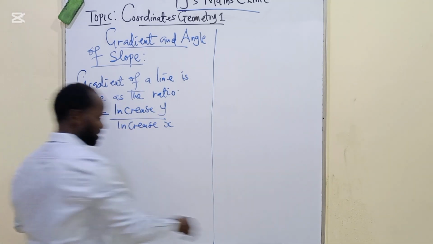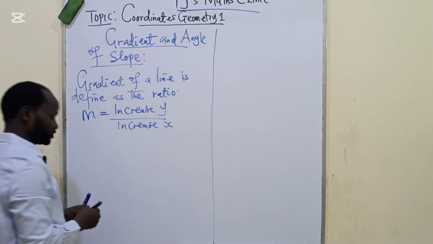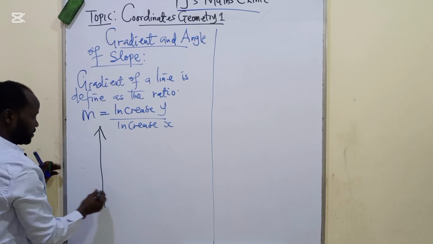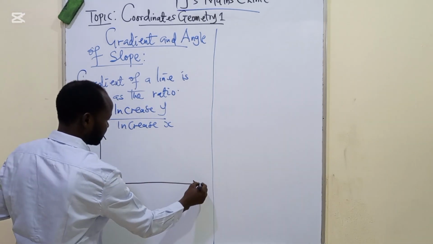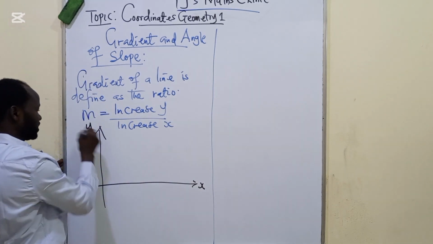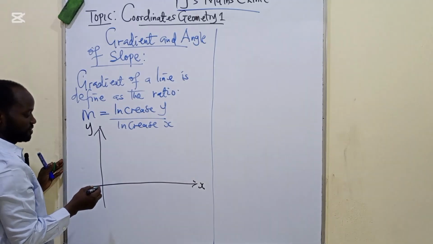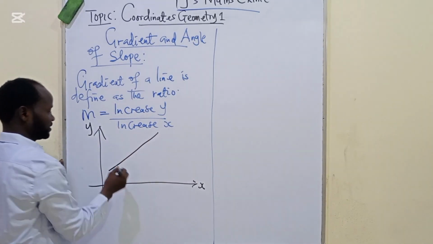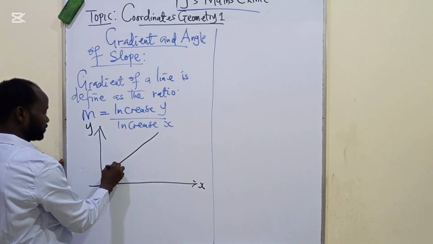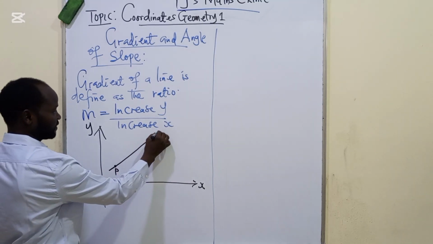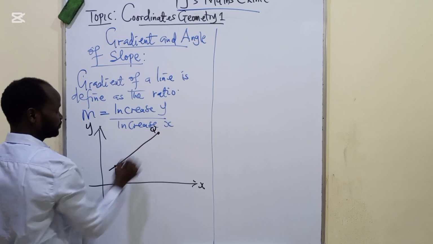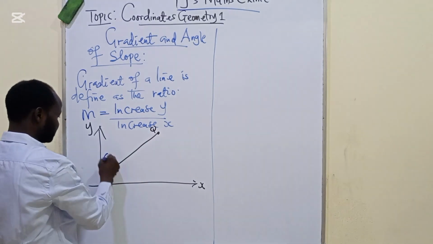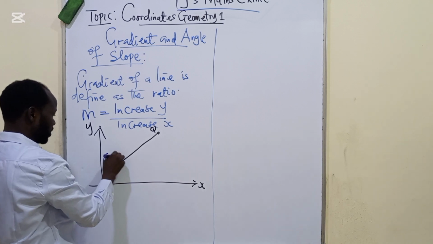Very important. Let's look at a Cartesian plane, whereby we have x-axis and y-axis like this. Suppose we have a straight line here, which is P, and we have another point here that is Q. At this point P, we have x1, y1.